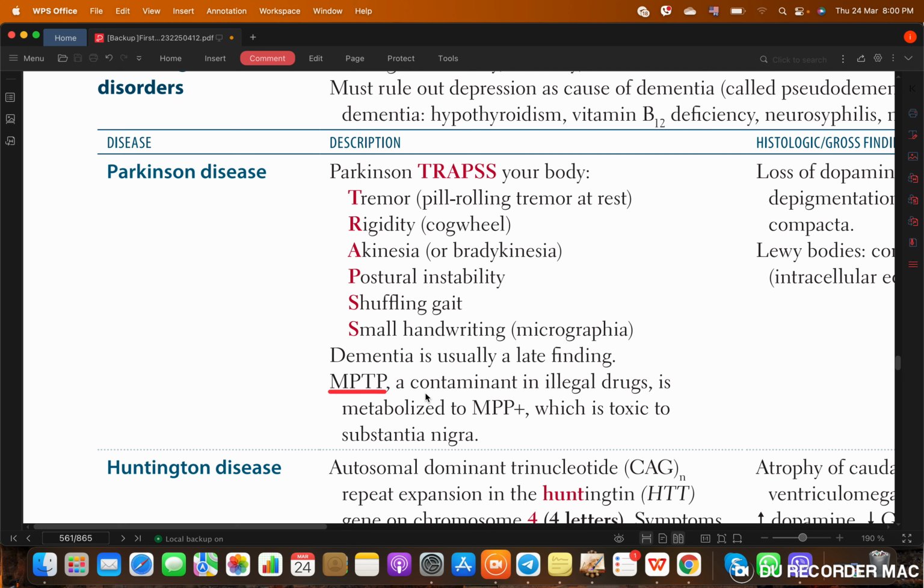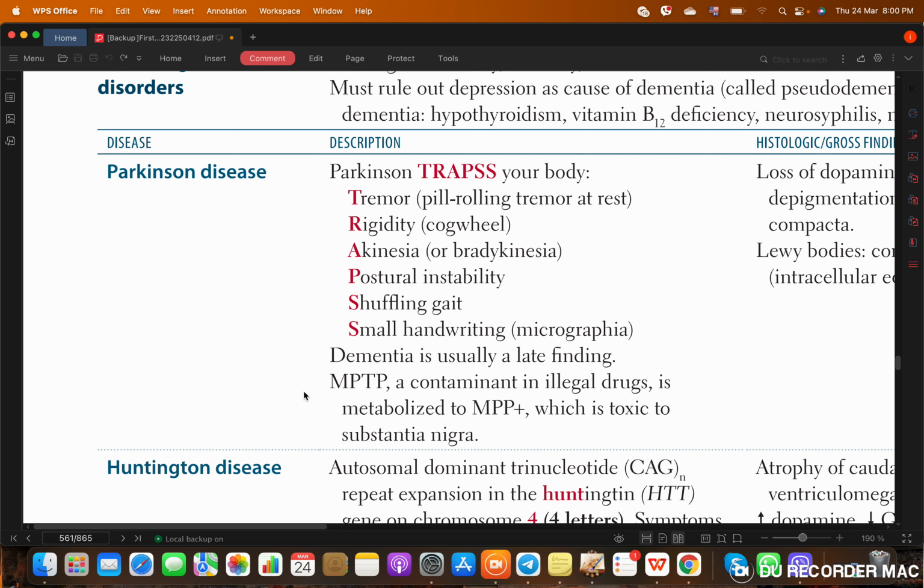There is a narcotic drug called MPTP, contaminated in illegal drugs. This MPTP is going to convert to MPP+ inside of your body, and that will destroy your substantia nigra. So if you get a young patient with Parkinson's disease, start thinking about MPTP due to illicit drugs.